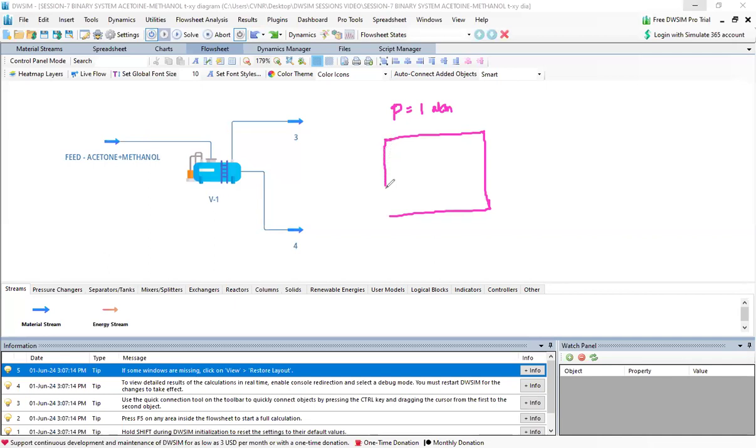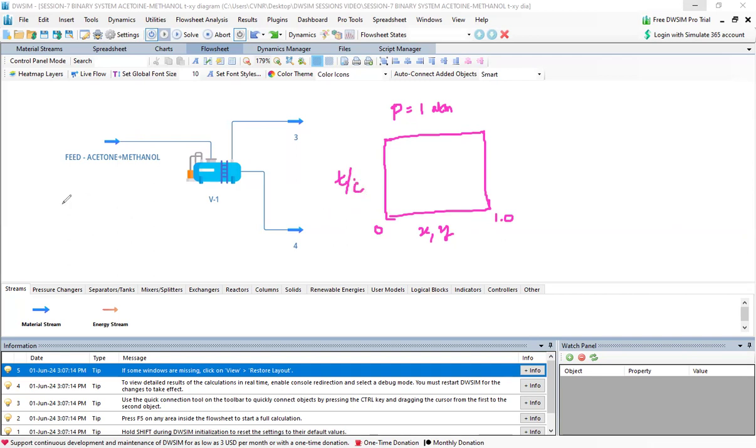So if I draw a straight line this way, this x-axis is x and y, that means mole fraction of the more volatile component in liquid as well as vapor phase. This ranges from 0 to 1, and this is temperature in degree centigrade.